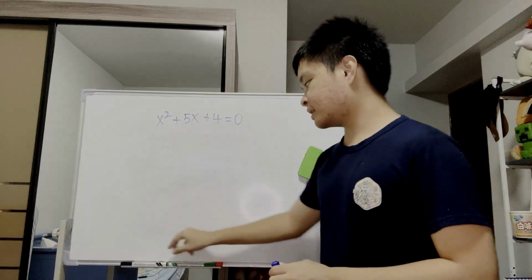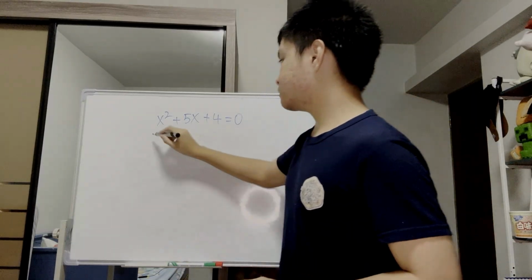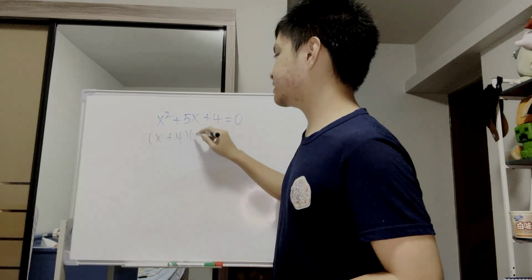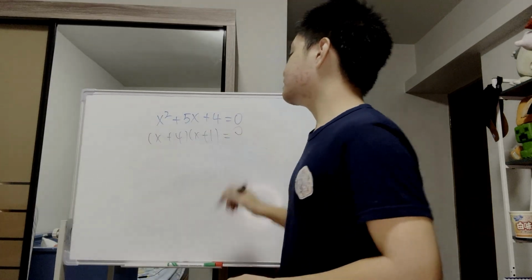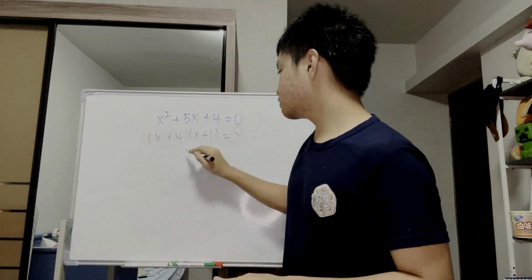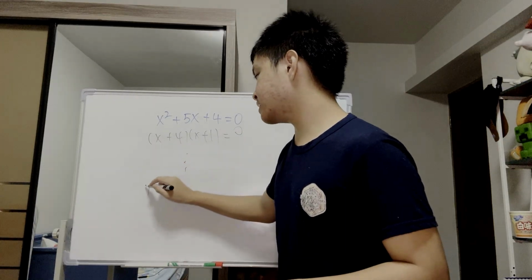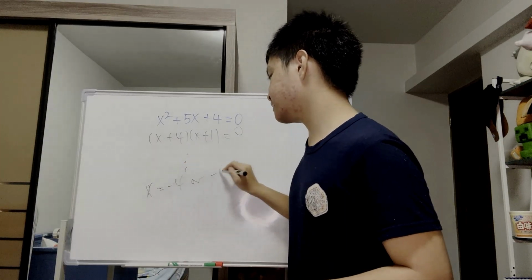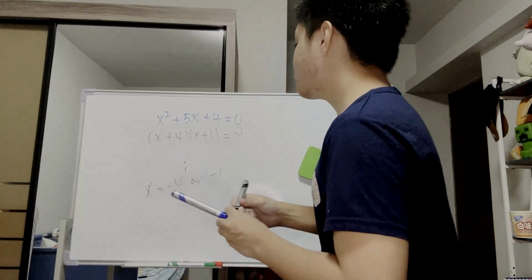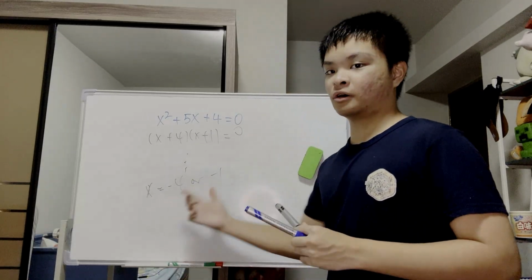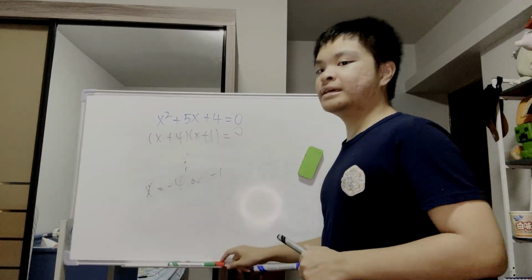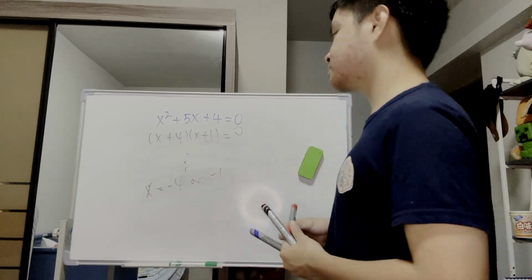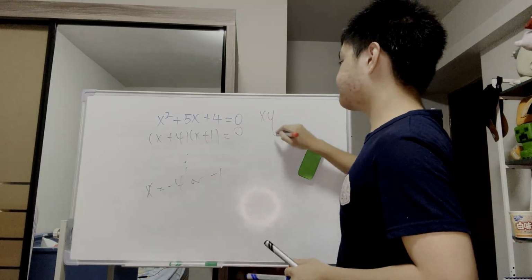normally when we factorize this, let me actually write it up for you guys. When we factorize this into its factorized form, from here to go to this step where we can say that x equals to -4 or -1, the reason why we can say this is because, let's say we have two numbers, x and y.